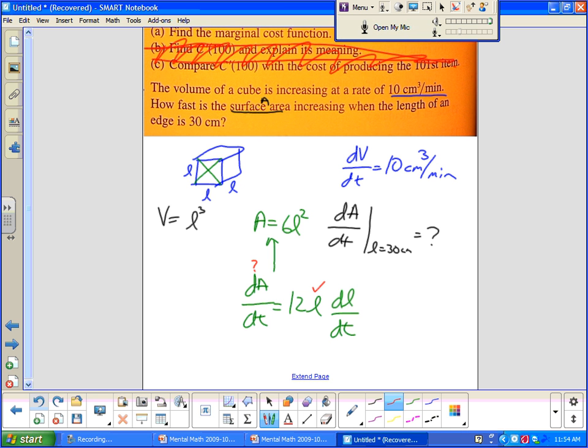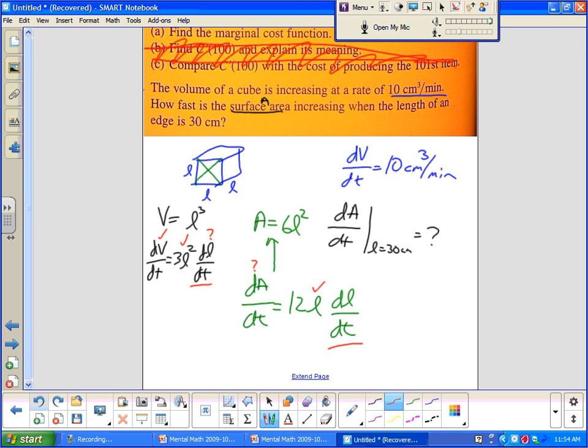But if I take the derivative of the black one, dV/dt equals 3L squared dL/dt. All right. I know here, again, start checking off what I know. I know dV/dt, I know L, but I don't know this. Well, you guys see how dL/dt then can be found using the black equation? I can use the black to find the one unknown.